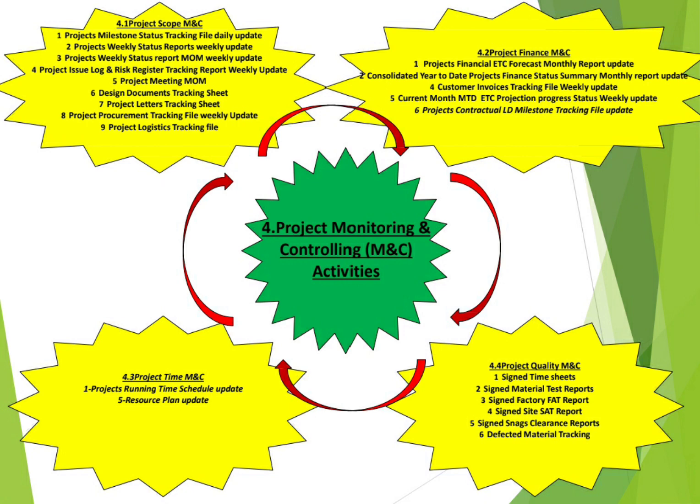Also, we have the current month to date projection progress, which compares the beginning of month estimate to complete projection that the project manager planned with the current status within the month. That should be on a weekly basis so that you can track the progress of the plan put by your project manager.